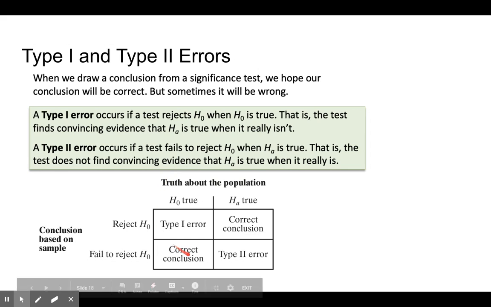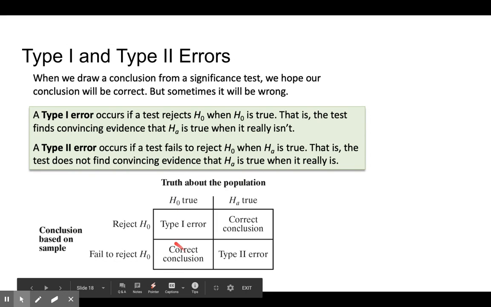And so this little chart down here shows us where we want to be. This is the truth, this is reality right here. And this is our conclusion that we've made based on our significance test. If we reject H naught when H alternative is true, we've made the correct conclusion. That's where we want to be. Or if we fail to reject H naught when in reality H naught is true, we've made the correct conclusion.